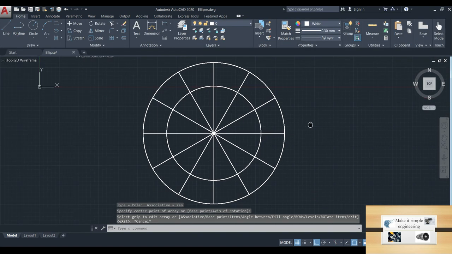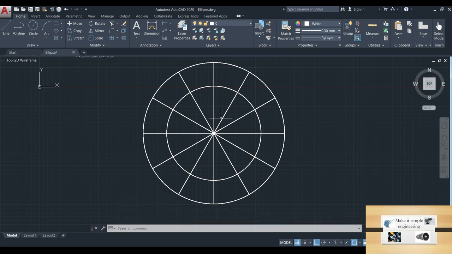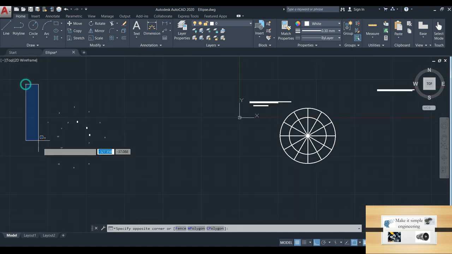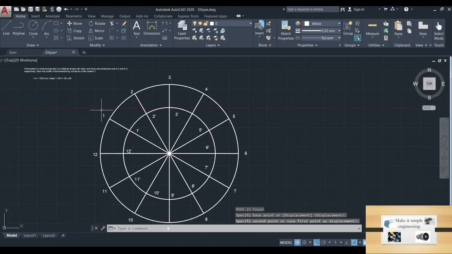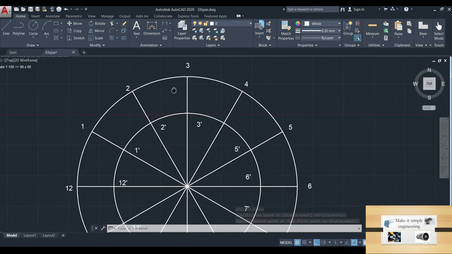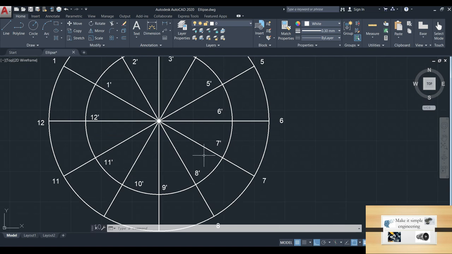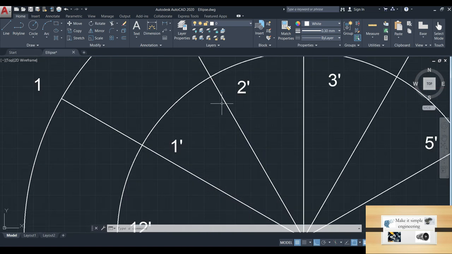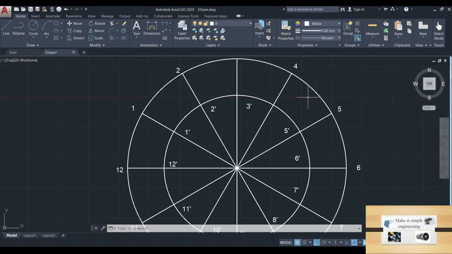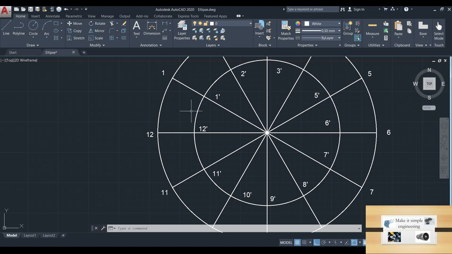So we have to draw divisions in 30 degree line. So here the circle is divided into 12 equal parts, and after that we can name each and every point on the circle. So let's say it is 1, 2, 3, 4, 5, 6, 7 up to 12, and here at this point we have 1 dash, 2 dash, 3 dash, 4 dash, 5 dash, 6 dash, 7 up to 12 dash.